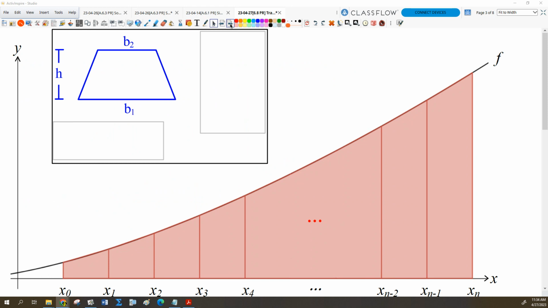If we carve this thing up into trapezoids, the trapezoids have sloped ceilings that match the average slope of the function over that interval, okay? You see how that would be an improvement?